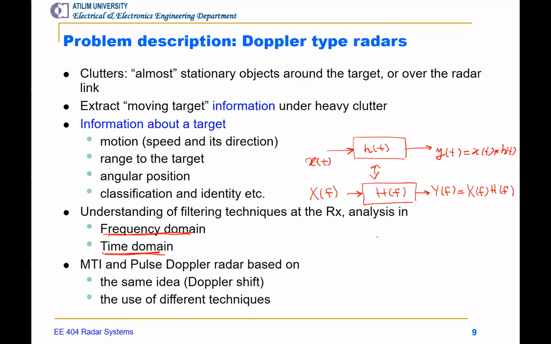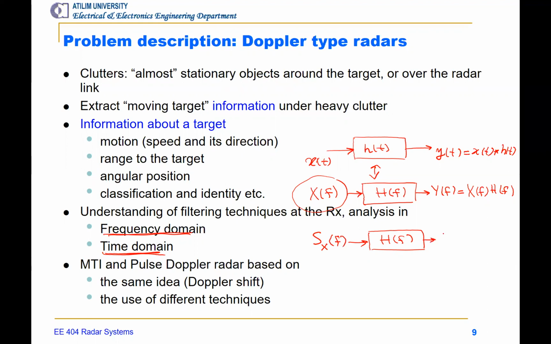For any non-deterministic, so a random signal, we again use H of f. But here, instead of X of f, since we do not know the spectrum of the signal, that's a random process, we use power spectral density.